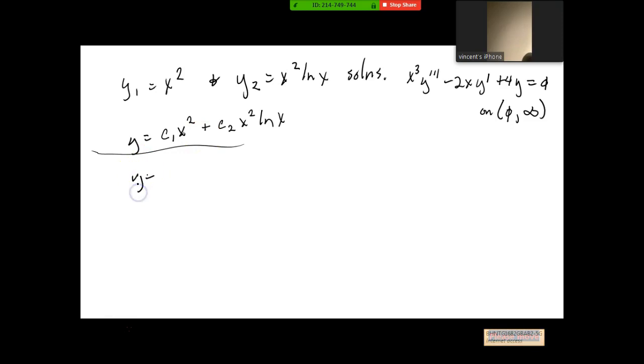Y is equal to e to the 7x is a solution of y double prime minus 9y prime plus 14y is equal to 0.